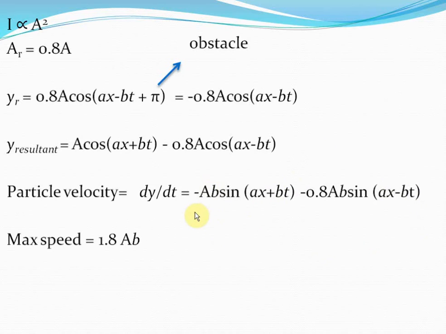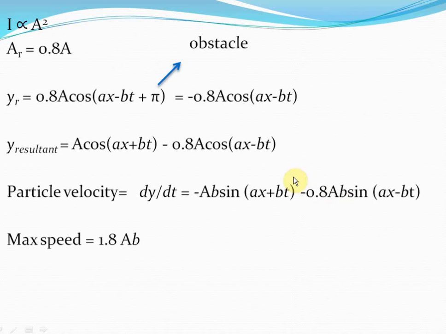Now in this expression, what will be the maximum value obtained? You see, the maximum value of particle velocity will be obtained when this sine function is 1 and when this sine function is 1. In that case, the maximum particle velocity will become minus AB minus 0.8AB equal to minus 1.8AB.